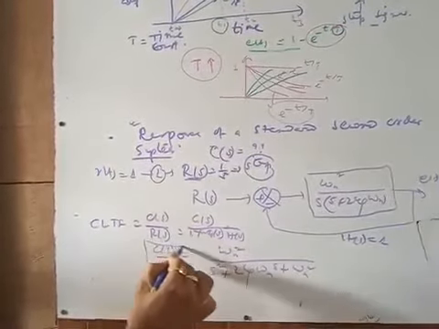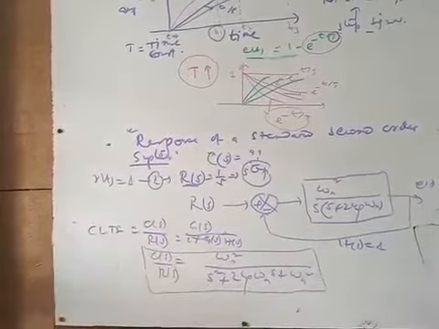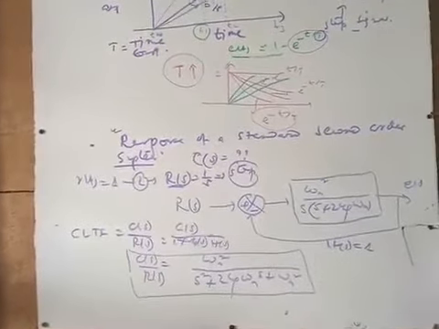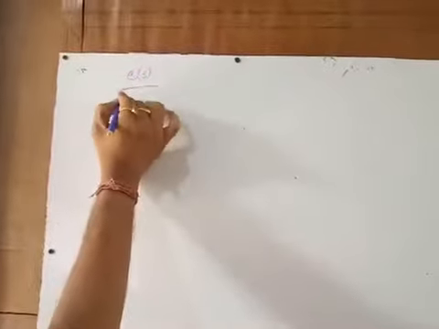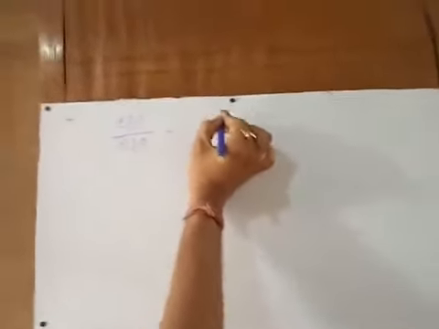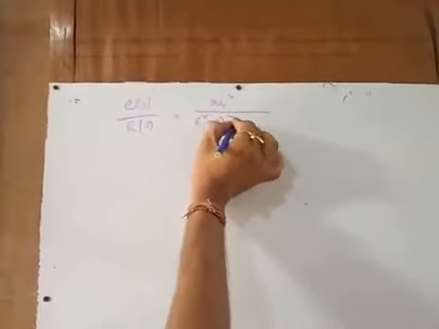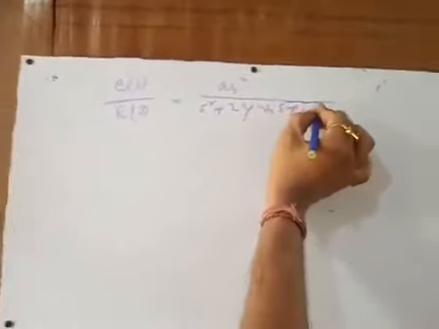So this is the closed loop transfer function of a second order system, and this system is to be analyzed by some mathematical formulations. We write C(s) by R(s) equal to omega n square by s square plus 2 xi omega n s plus omega n square.